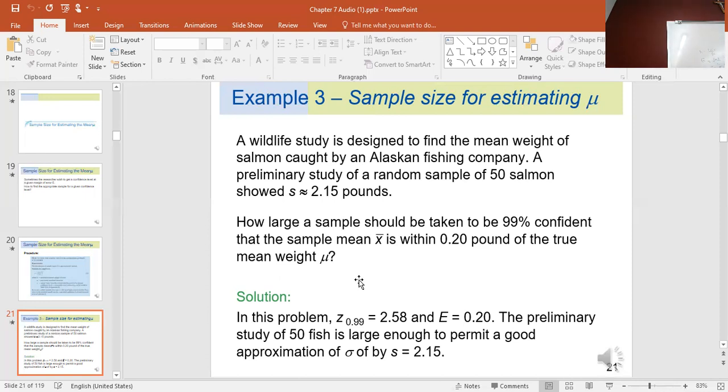So the minimum sample size should be 2.58 times 2.15 divided by the margin of error, squared. So what do we get here using the calculation?